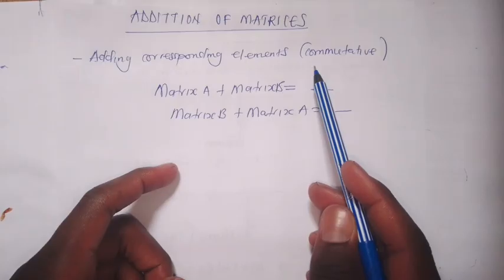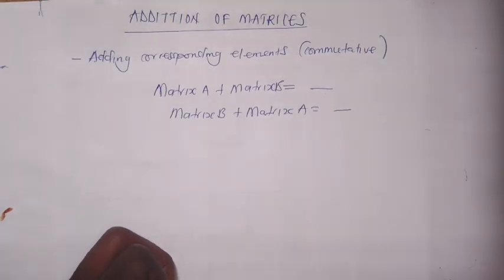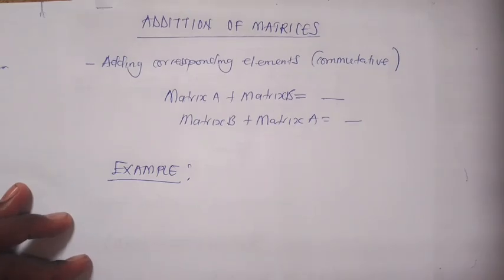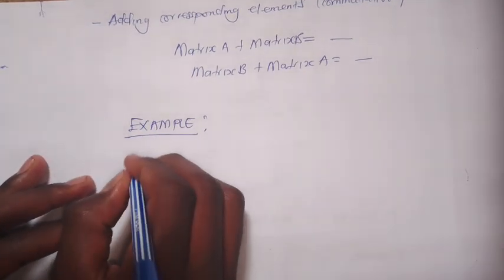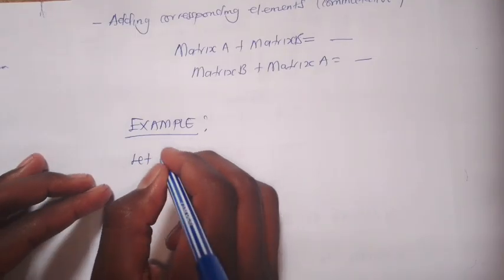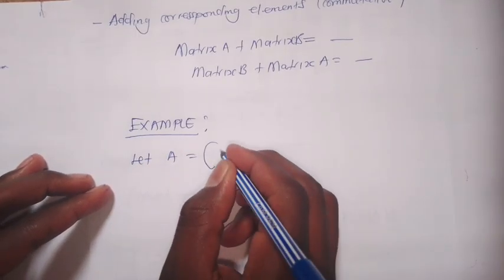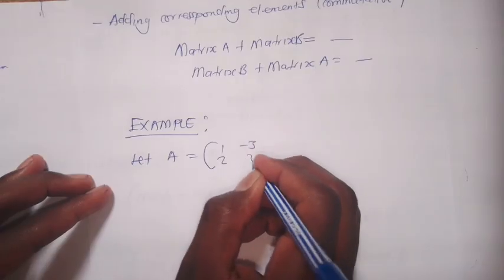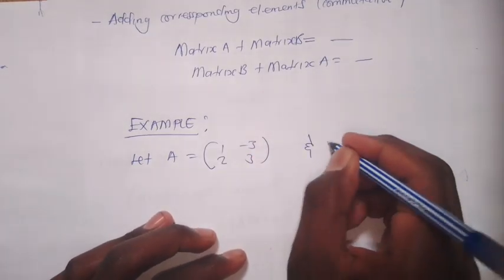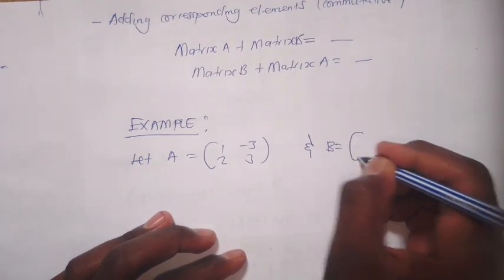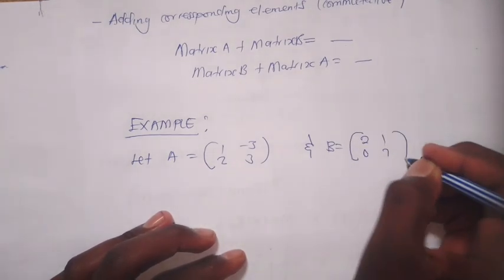Okay, so let me give you an example. Let A be equal to 1, 2, negative 3, 3, and B is equal to 2, 0, 1, 7.